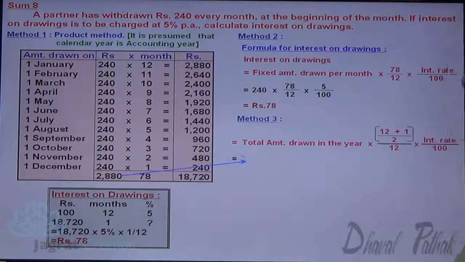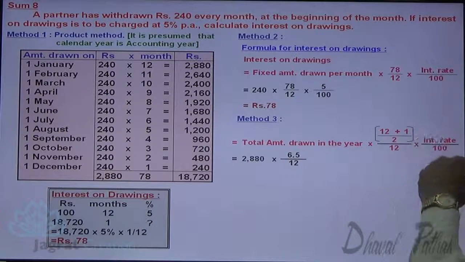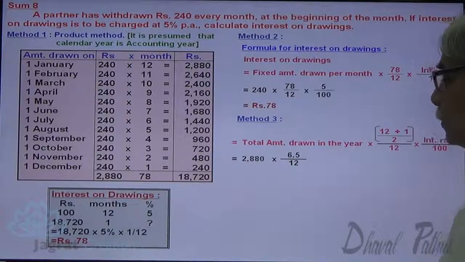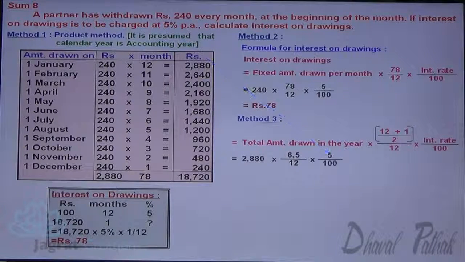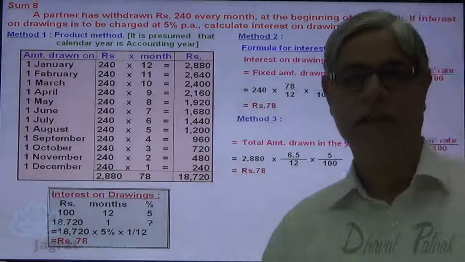So total amount drawn is 2880. If you work it out, that will work out to be 6.5. 12 plus 1, 13 divided by 2, 6.5 months into 5%. Once again, you will come to the same answer, 78.